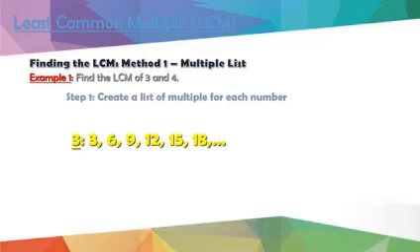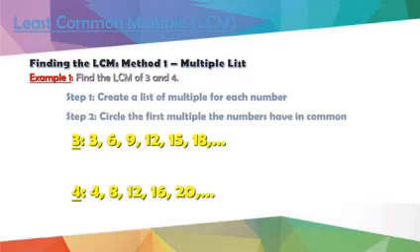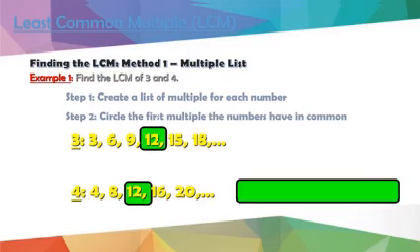Multiples of 3 are 3, 6, 9, 12, 15, 18, etc. Multiples of 4 are 4, 8, 12, 16, and 20, etc. Second step, circle the first number they have in common. The first number is 12. So 12 is the least common multiple of 3 and 4.